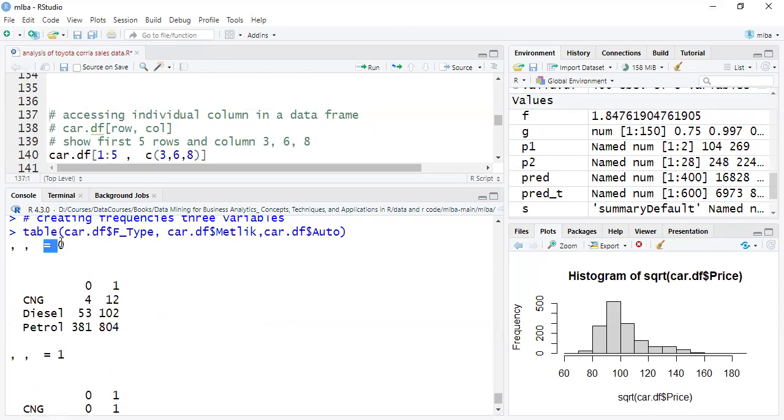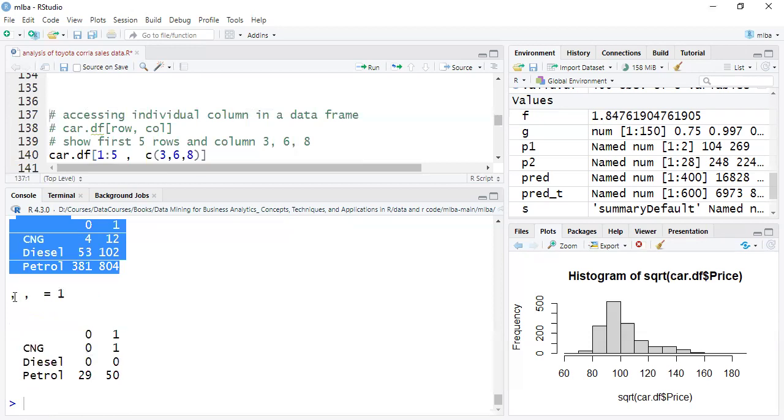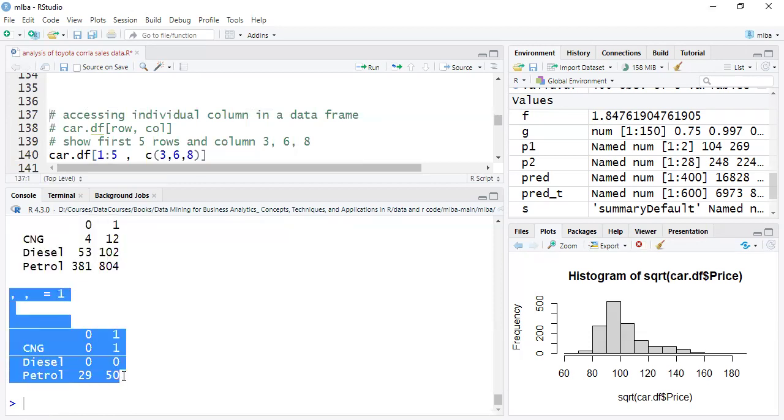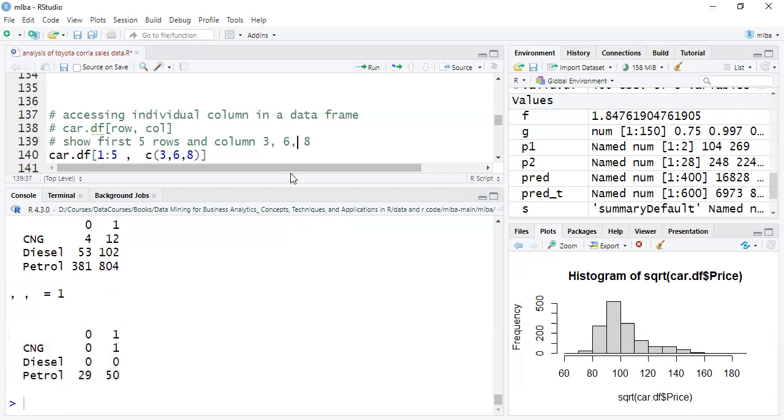The first one before the comma is fuel type, the second after the comma is metallic color, and the third is automatic car. So 0 means manual car. This table belongs to the manual car and this table belongs to the automatic car. So it's a very dynamic command which helps us to identify the frequency tables.